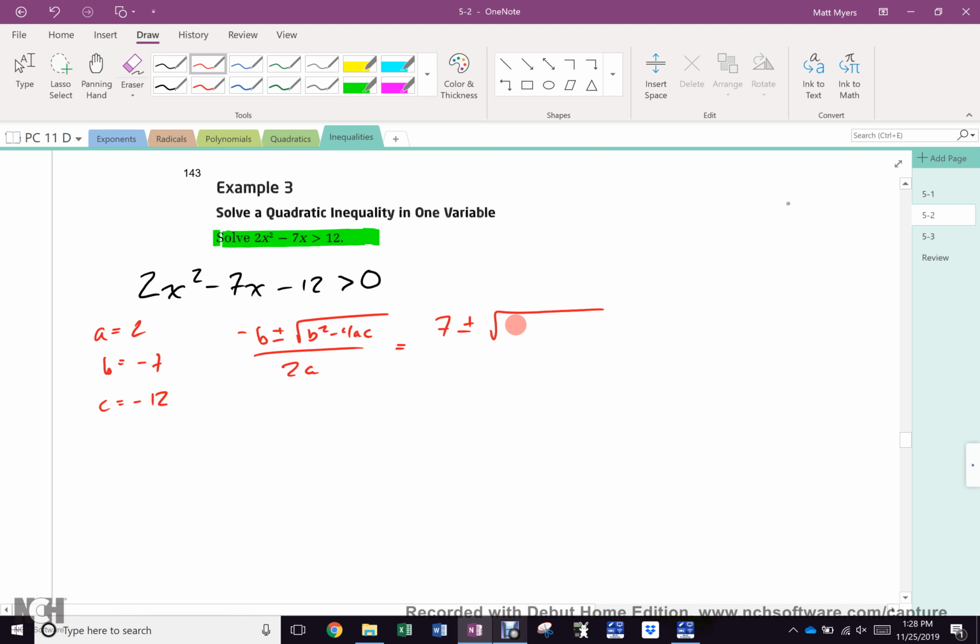That is minus 8. That's 145 over, why is this one taking long? 2 times 2, 4. Yeah? Do we need anything else?